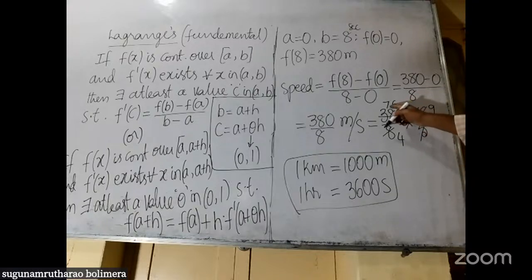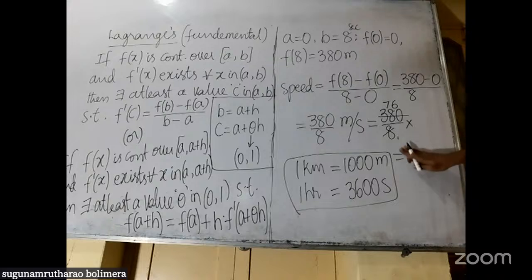And 4, how many times does it cancel? 14. What is the value? Tell me now quickly. Is it to be multiplied with 18 by 5?